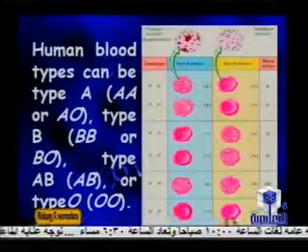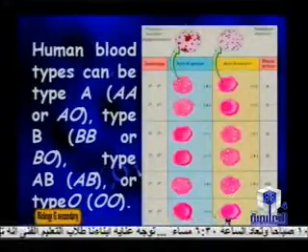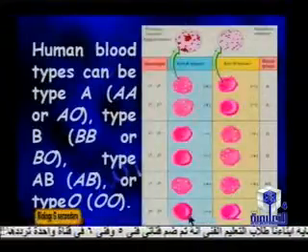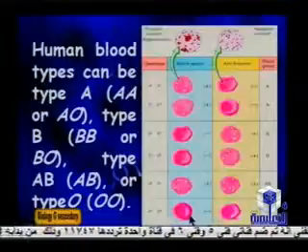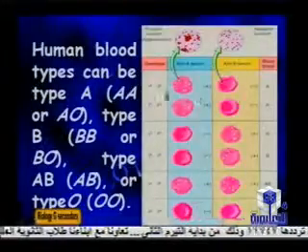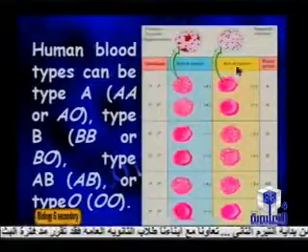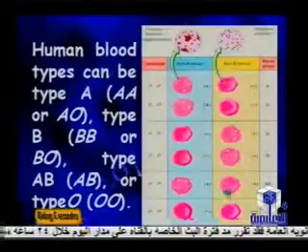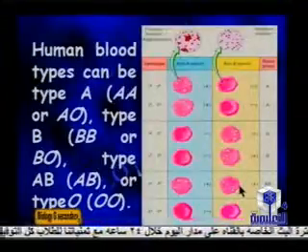So blood group O we call the universal donor, because it can give its blood to any other type of blood. A transfusion of blood can be made from O to A, to B, or to blood group AB.